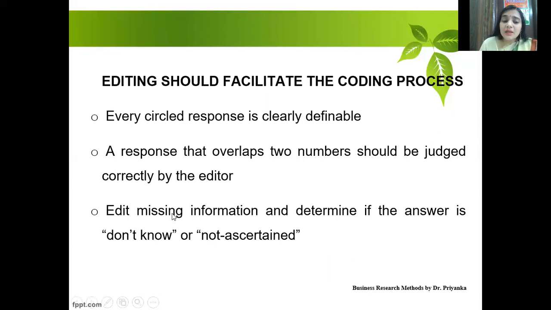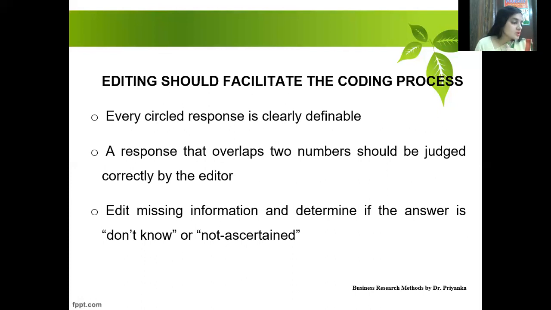Then edit missing information and determine if the answer is don't know or not certain. Sometimes the person knows the answer, and sometimes don't know is different. We'll discuss in the next slide how a don't know should be accumulated.